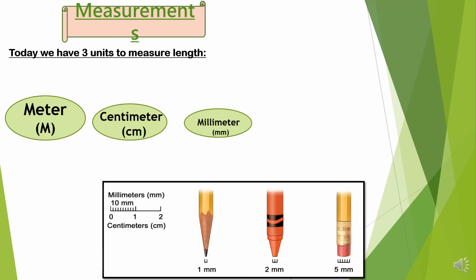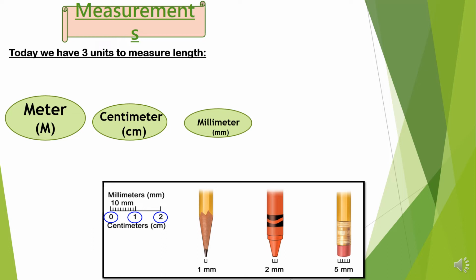What are these millimeters? Here in our ruler we find some numbers 0, 1, 2. Between each number and the other one we will find 10 dashes. Between each dash and the next one, this small distance is called millimeter.